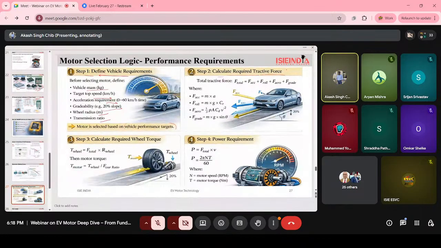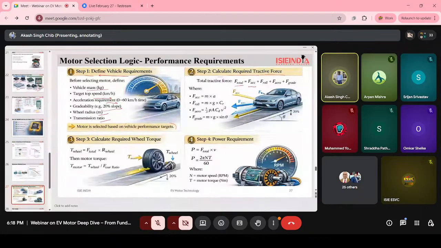So how do you calculate these? There are some formulas here to calculate and choose a perfect motor for your vehicle. Here is F total, the total force you have to calculate.